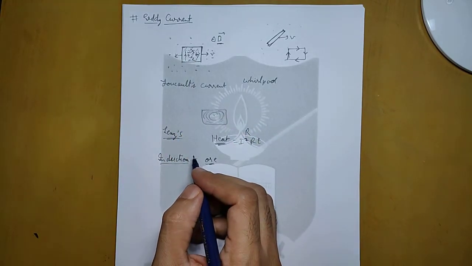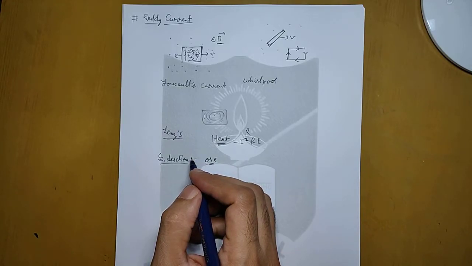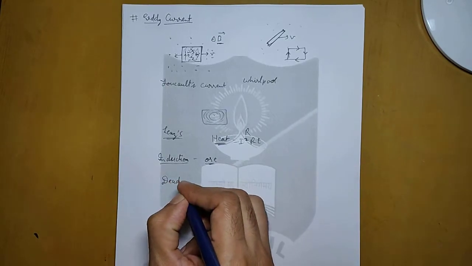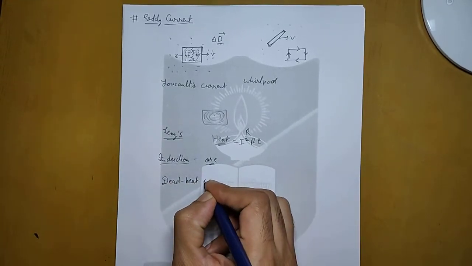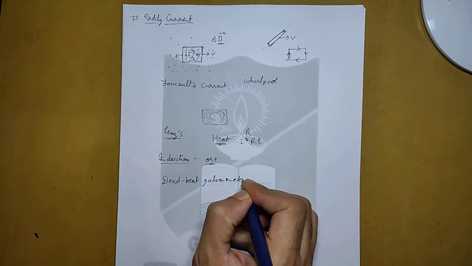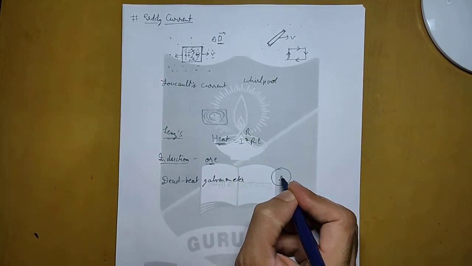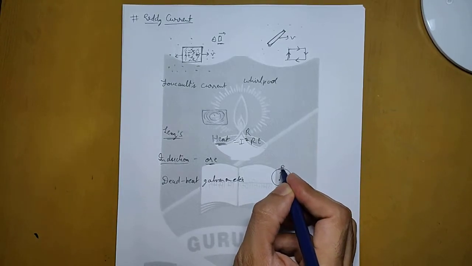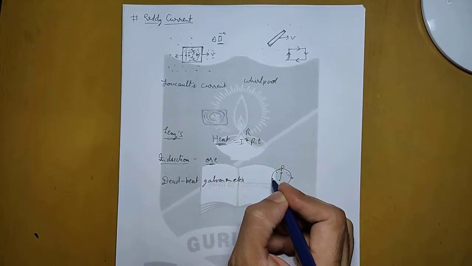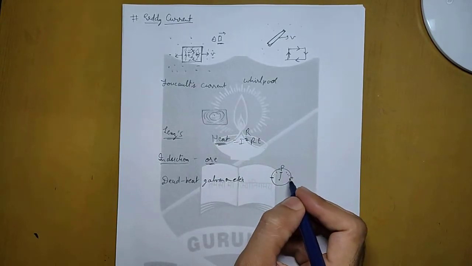Similarly, there is another application of eddy current which is not related to heat, and that is the deadbeat galvanometer. In a galvanometer, whenever it detects current, there is a needle with 0 in the middle, and there are certain divisions on the plus side and the minus side depending upon the direction of current.